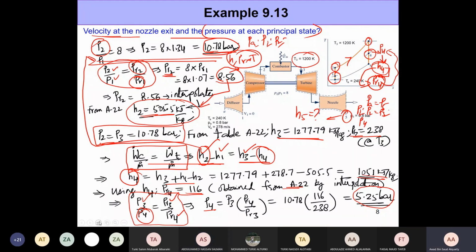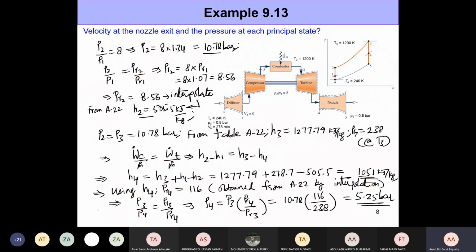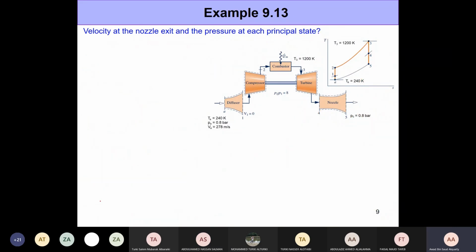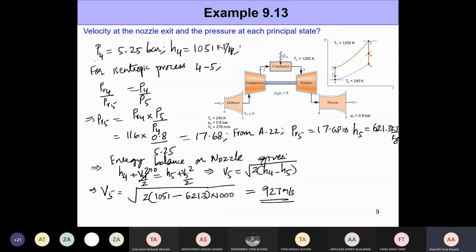You can see you're using the same process everywhere. These are all isentropic processes, and you have to use exactly the same method. We know P4, and we know H4. Process 4 to 5 is again an isentropic process, so the ratio of relative pressures should be equal to the ratio of pressures P4 and P5.